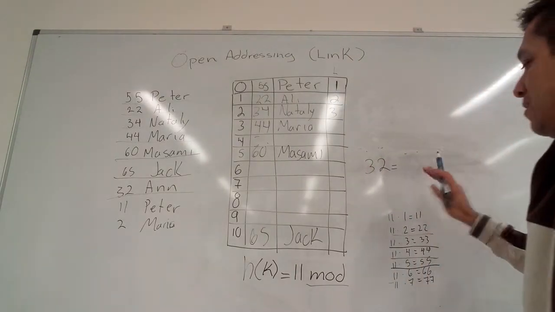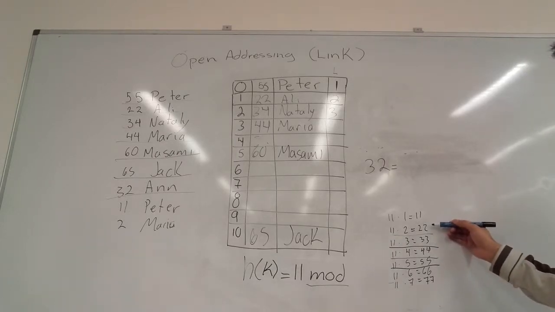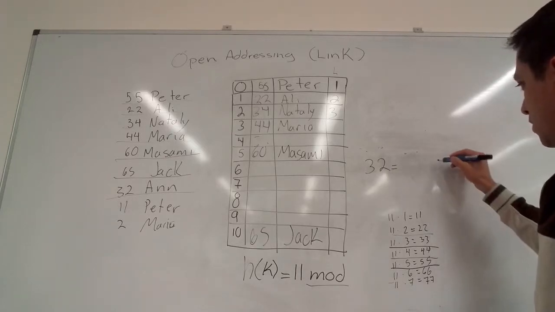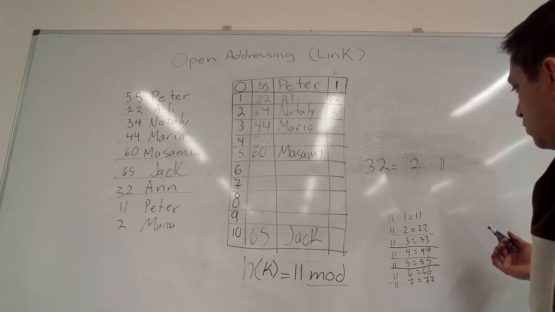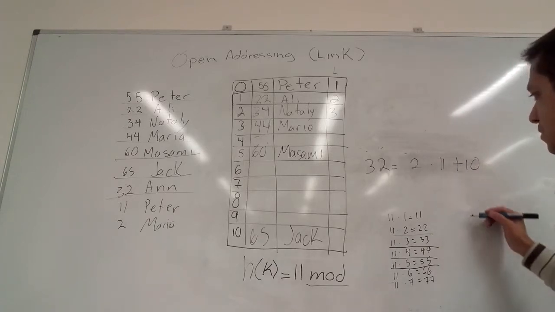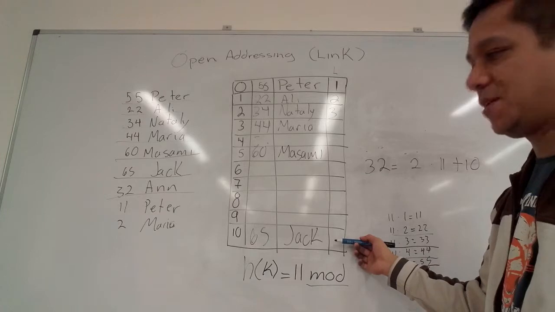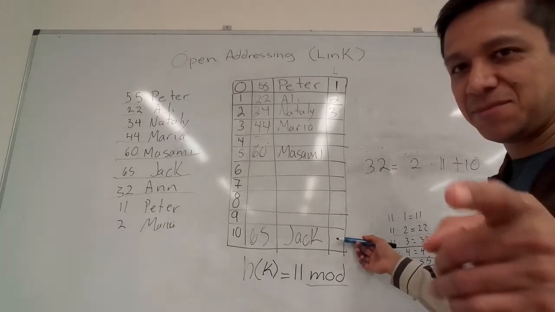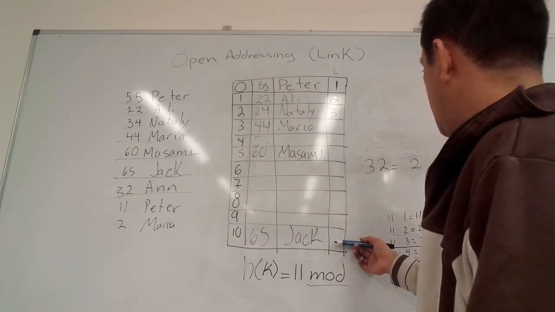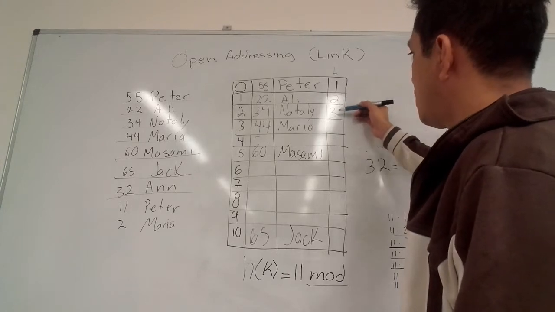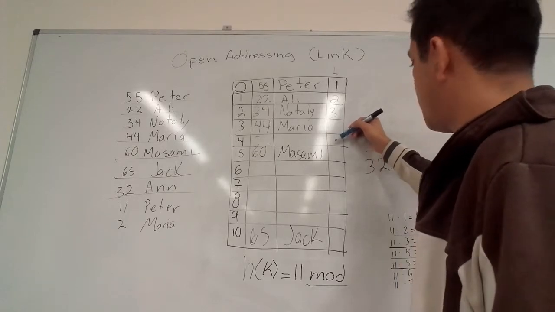It should not be here, it should be here. Yes, that's correct. So 11 by 2 is 22, plus 10 is 32. So 32 should be here. The previous step was incorrect, and I hope you can catch this mistake and correct me, please. My apologies. So it cannot be in any of these places.